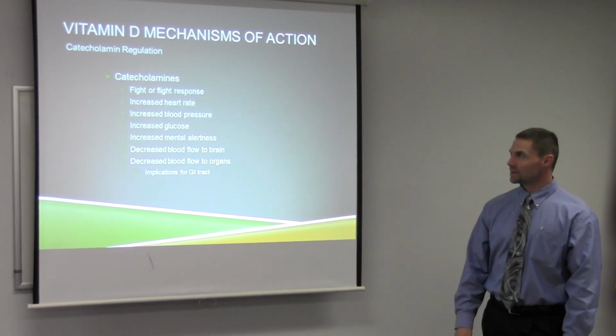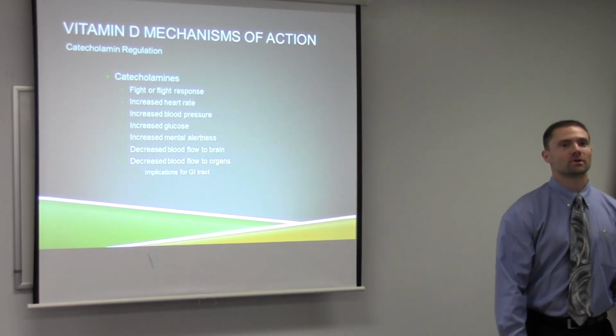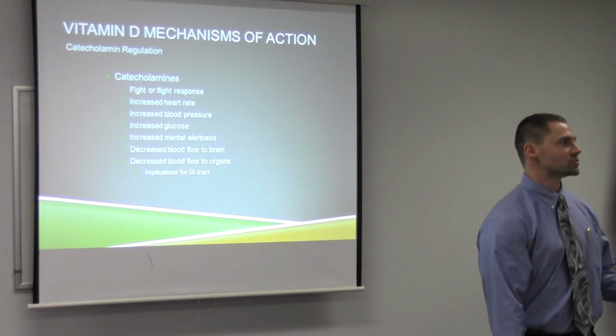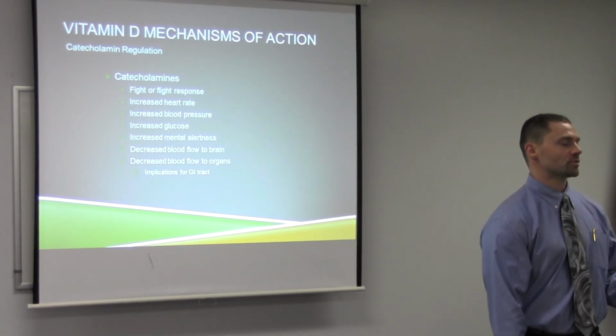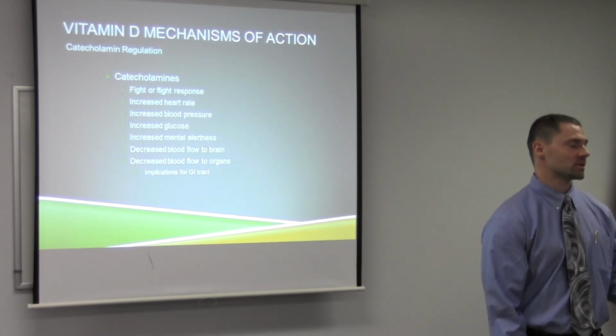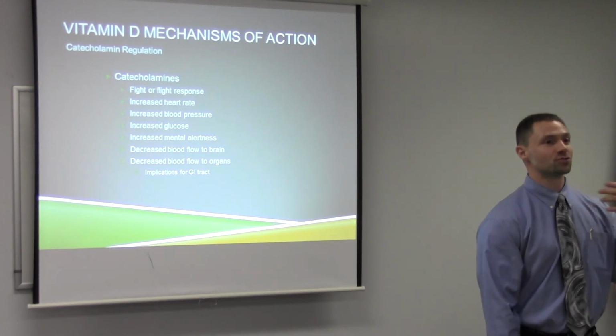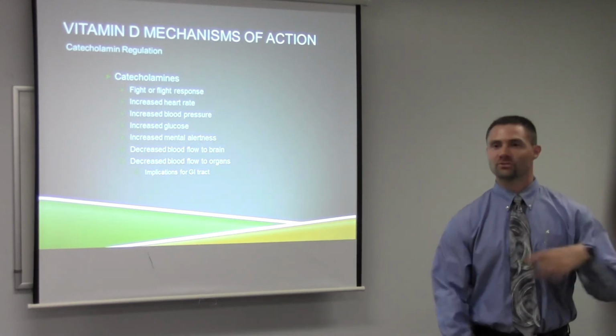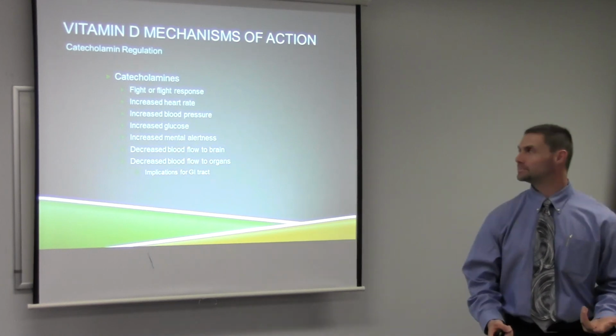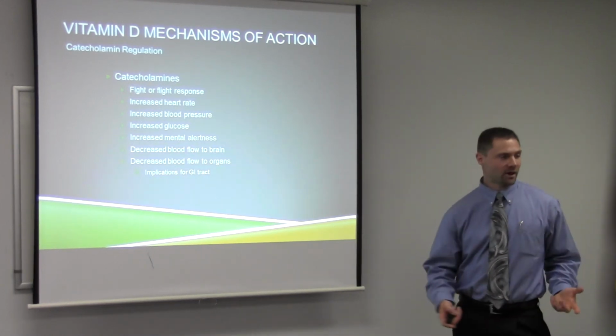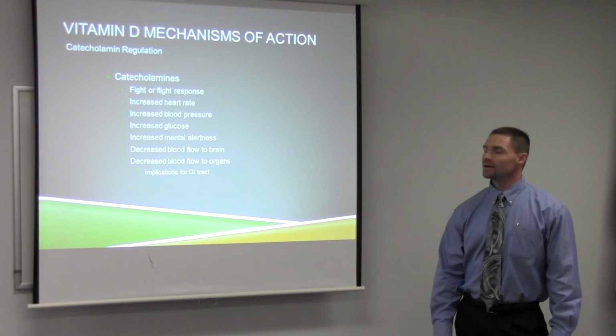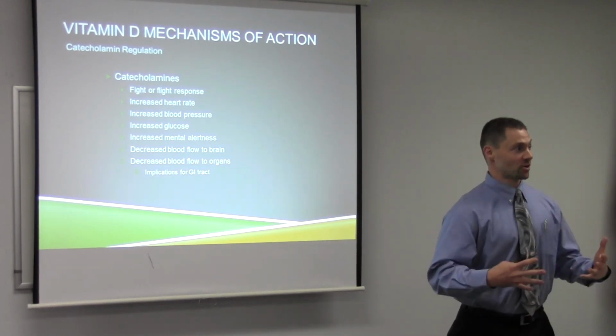So here are your catecholamines. The way we all know these are adrenaline and noradrenaline, or epinephrine, norepinephrine, that's saying the same thing. If you think about just an adrenaline response, as I'm talking about this it will all make sense for you, okay? So fight or flight, that stress response, adrenaline response. When you have an adrenaline rush, does your heart rate go up?